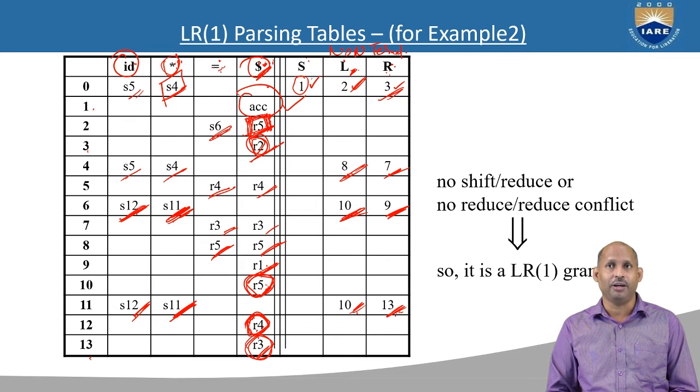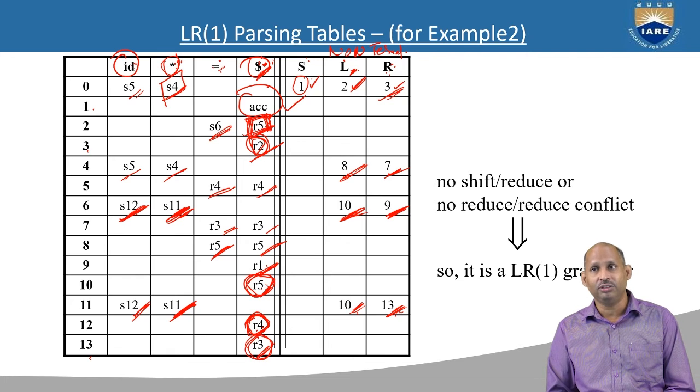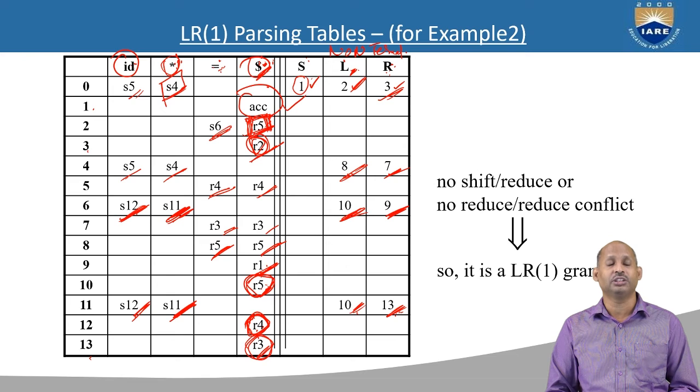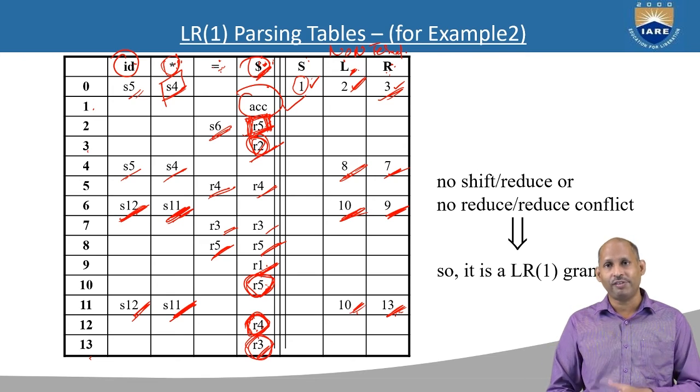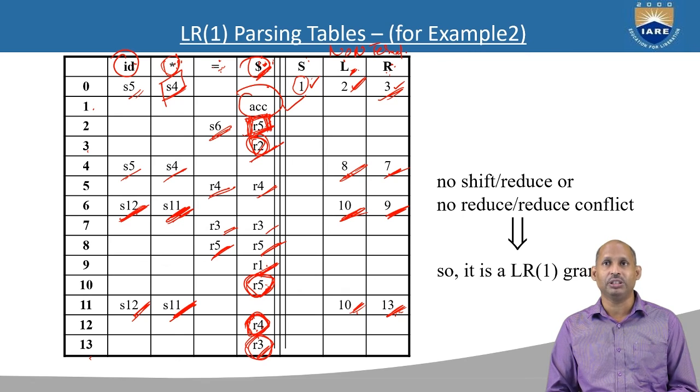Using this table, we will parse the input strings to see whether they are accepted or not. It has no shift-reduce conflicts, so simply we say it is an LR(1) grammar. We will discuss some more examples under this canonical LR parsing method in the next class.